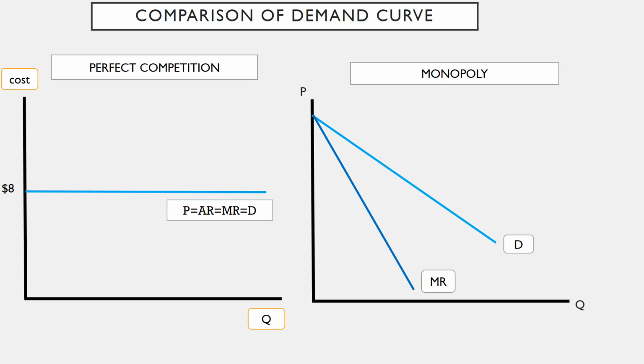But if the monopolist stays on a very high price, definitely then they won't be able to sell a lot of units. And as you notice, marginal revenue is not equal to the demand curve. Marginal revenue is less than the demand curve. The same curve would be for monopolistic competition, but we will cover that in detail later. For now, you should just know about perfect competition and monopoly.